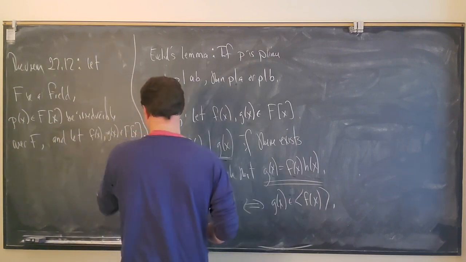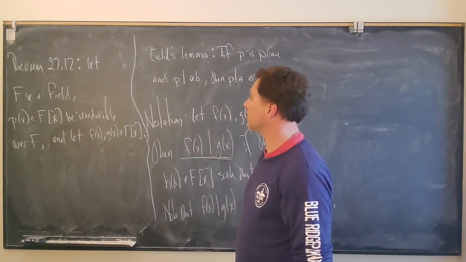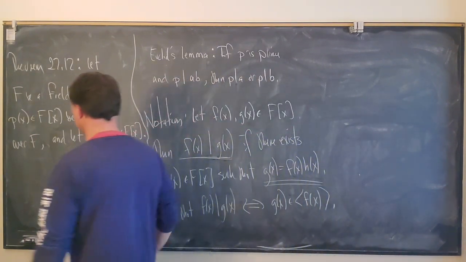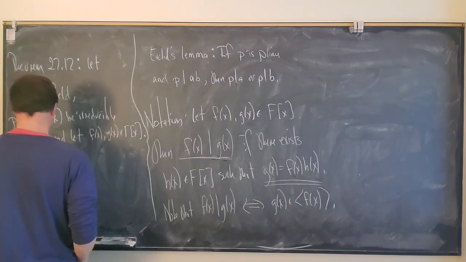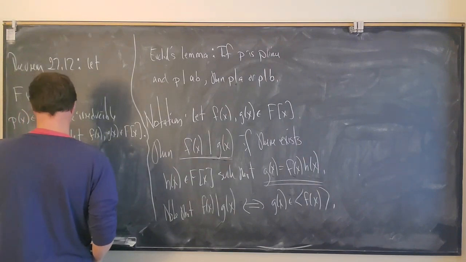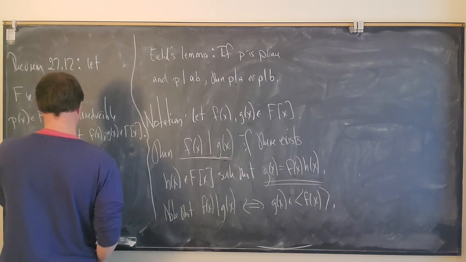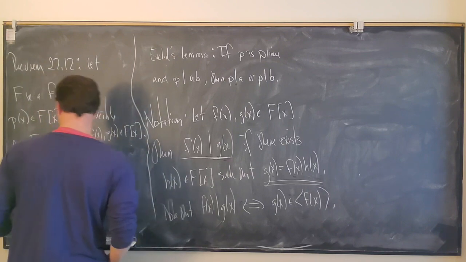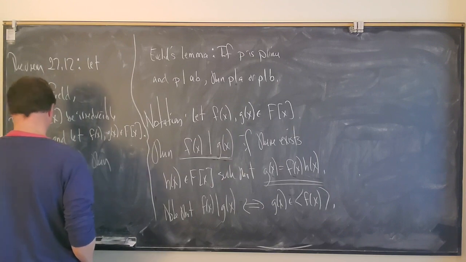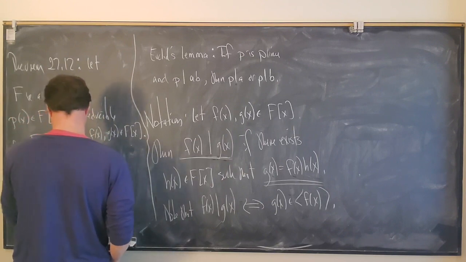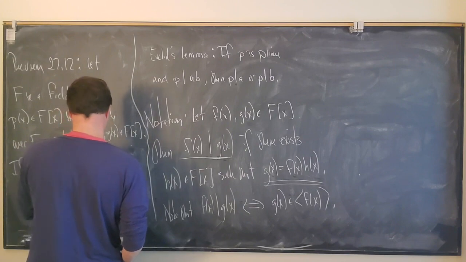I was going to phrase that a little better. So there's my first sentence, and then it goes like this: if p(x) divides the product f(x) times g(x), then p(x) divides f(x), or p(x) divides g(x).